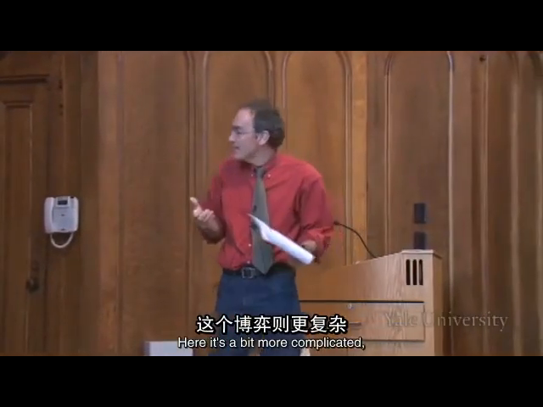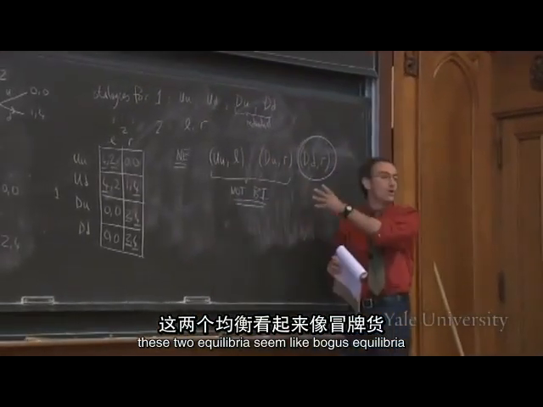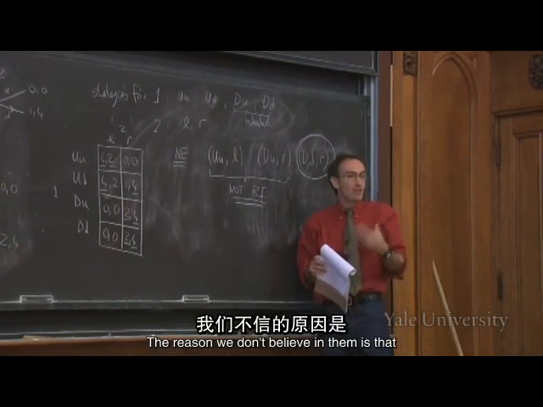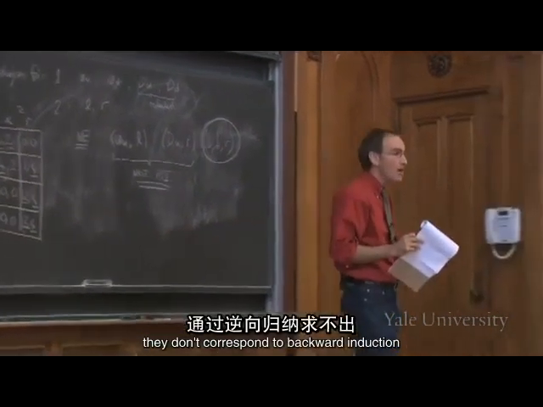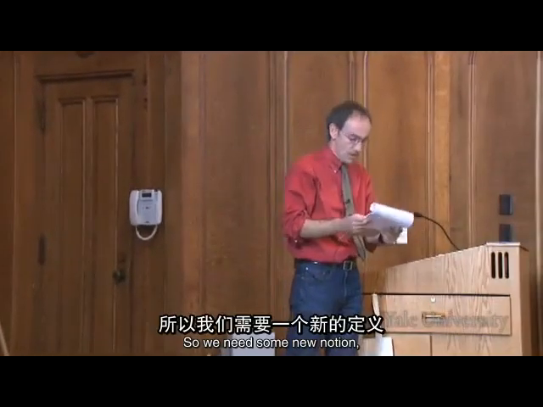Here it's a bit more complicated, but nevertheless, these two equilibria seem like bogus equilibria, or phony equilibria, or equilibria we wouldn't really believe in. And the reason we don't believe in them is that they don't correspond to backward induction and our common sense intuitions about backward induction.